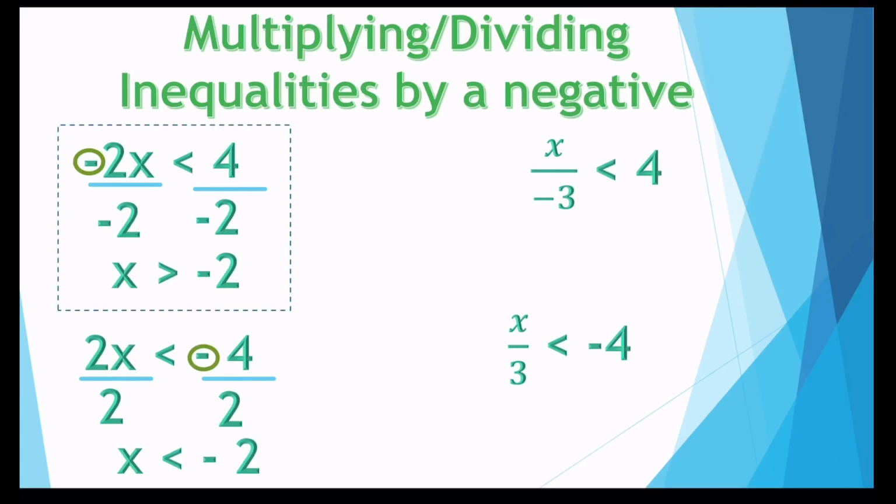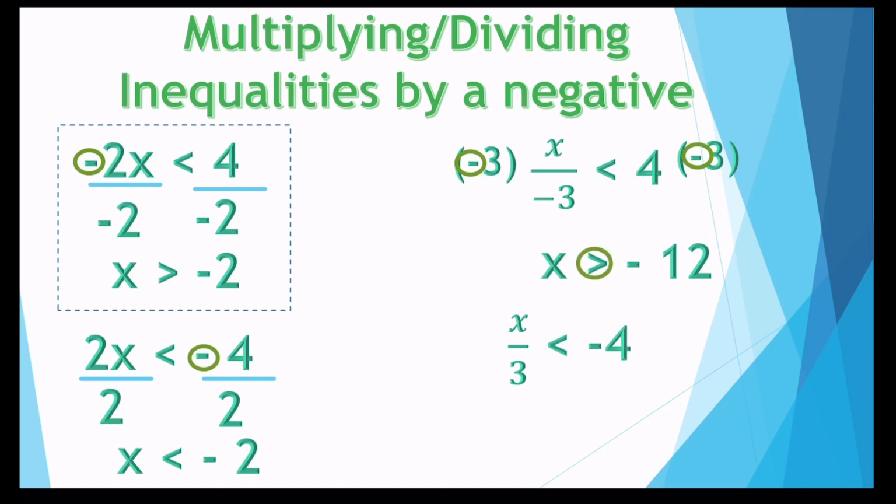On this first one, I am multiplying by a negative 3 on both sides. What I am doing to both sides is negative. That's when I switch my symbol. But if you look at the next example, you notice what's happening on both sides.